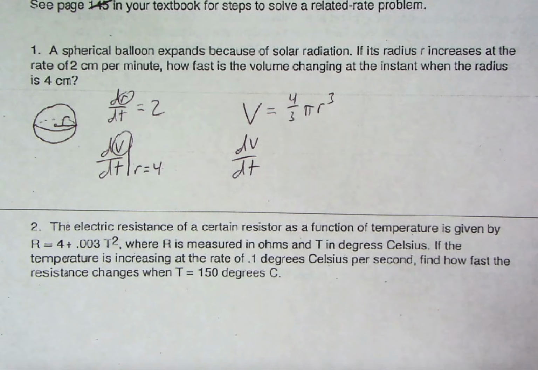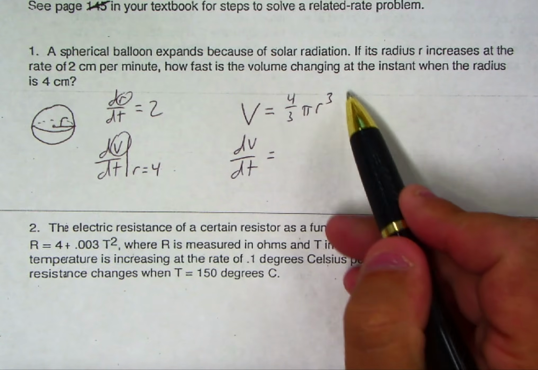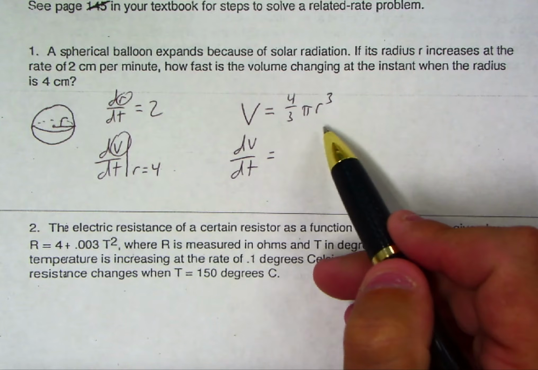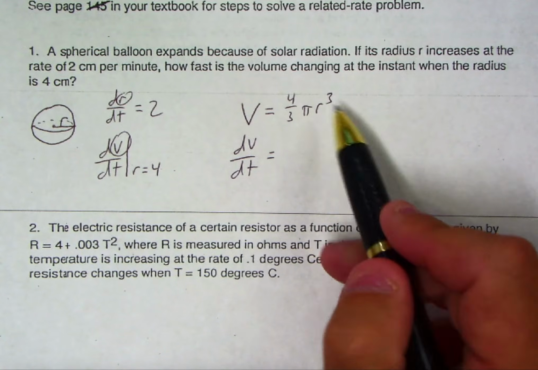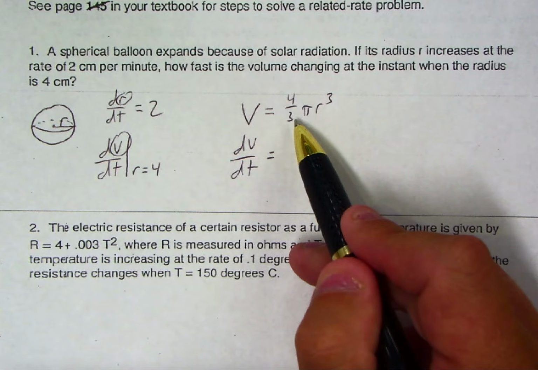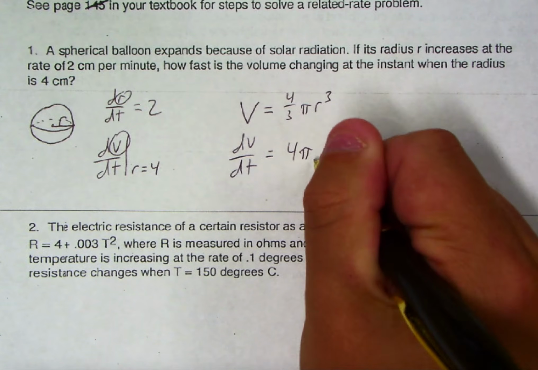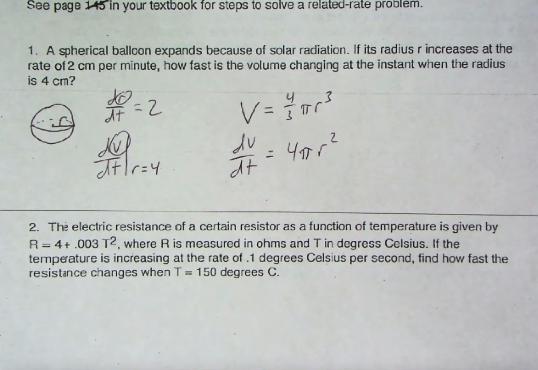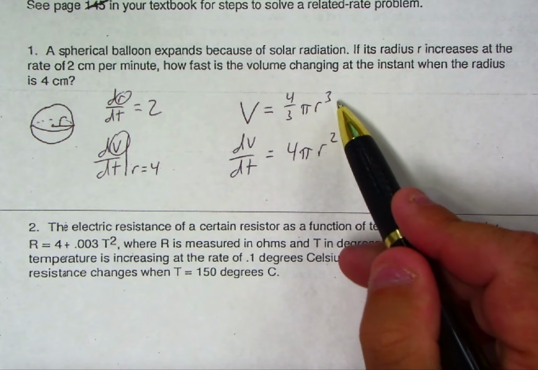We're finding the derivative. Equals, and now on the right side, we're going to find the derivative of this with respect to time. So this is just our normal power rule. Like 4/3 pi is just a number. So 3 is going to come out and multiply by 4/3 pi. So that's going to become 4 pi. And then r squared. So that 3 came out in front and multiplied by 4/3, and then we reduced the power by 1.